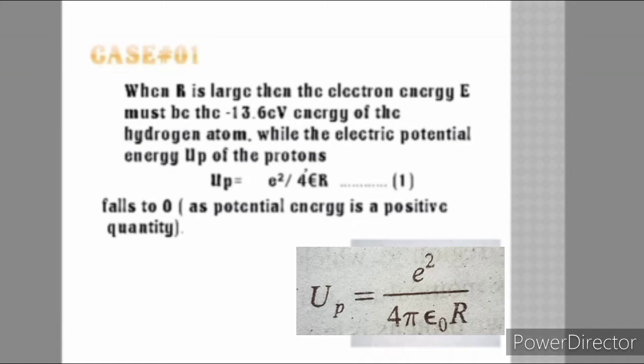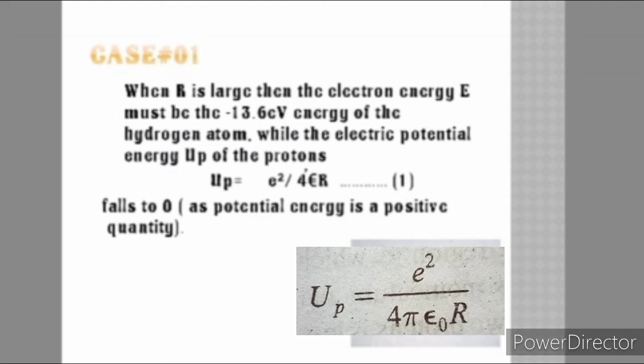Now let's see what happens when R is approaching infinity, because here we say that R is very large, which means R is approaching infinity. According to the formula of potential energy, R is in inverse relation with the potential energy.